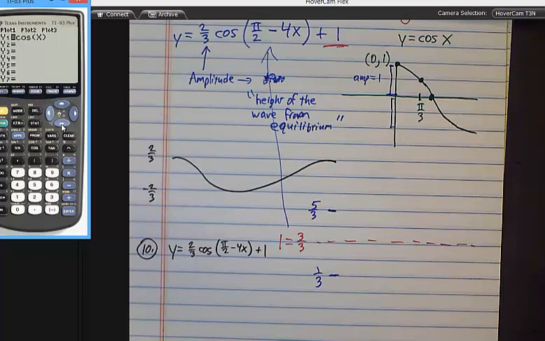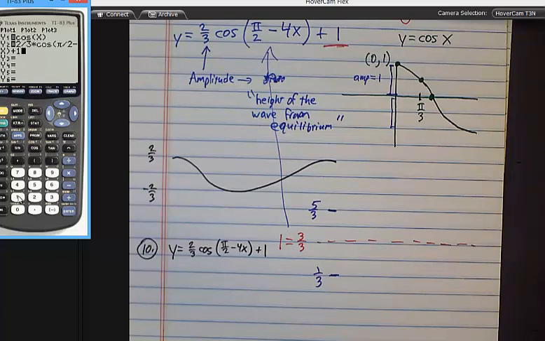And then under y2, I'm going to go ahead and type this whole thing in. So I have 2 divided by 3, that's 2/3, times cosine, open parentheses, pi over 2 minus 4x, close parentheses, plus 1.